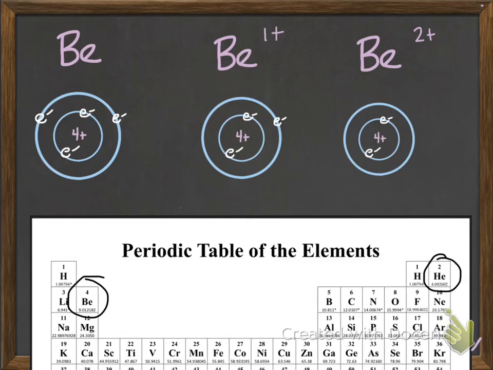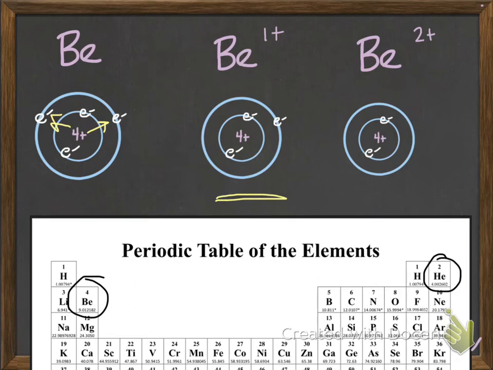Well, at the point when we take the first electron off of beryllium, we have 4 protons in the nucleus exerting an attractive force on 4 electrons. And even though those outer shells aren't terribly well held, and they're pretty easy to pull away, it's still an even tug of war here.